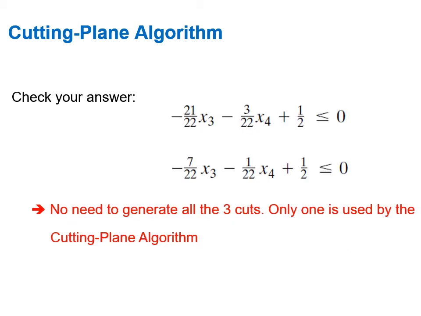I hope you tried by yourself to write the cuts, and you can check your answers. For the first equation, the cut is this. If you found a different version in which you have 21 over 22 x3 plus 3 over 22 x4 is greater than or equal to 1 over 2, that's okay, perfectly fine, because it is the negative of this one.